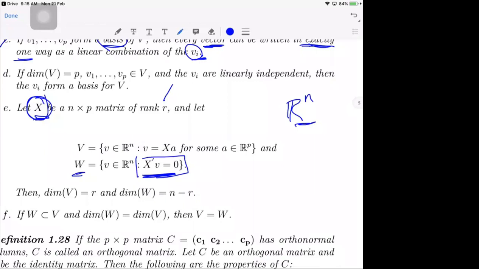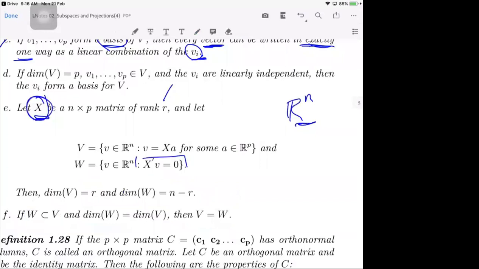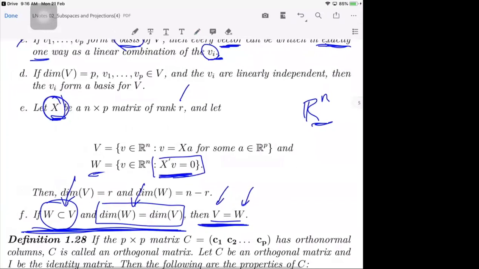And another thing that is very important, if you want to know whether two subspaces, V and W, are equal, you have to show the following assumptions to conclude that V is equal to W. First, you have to show that W is a subset of V, and you have to show that the dimension of W is equal to the dimension of V. If you can show these two assumptions, then you can automatically conclude that V is equal to W. So those are some important results in linear algebra.